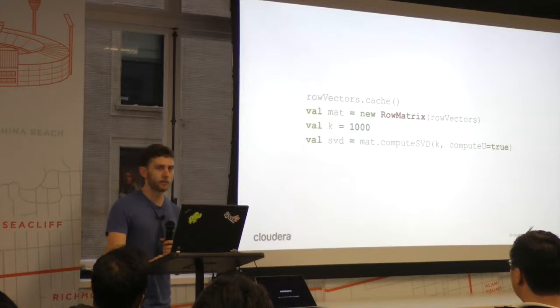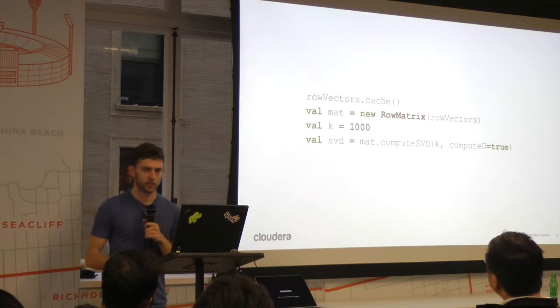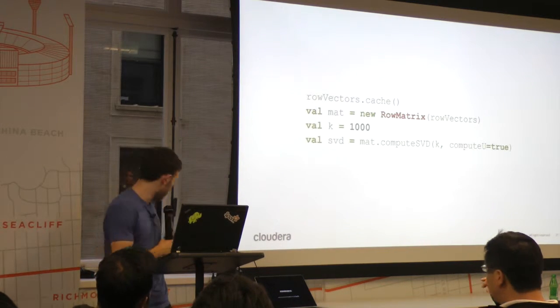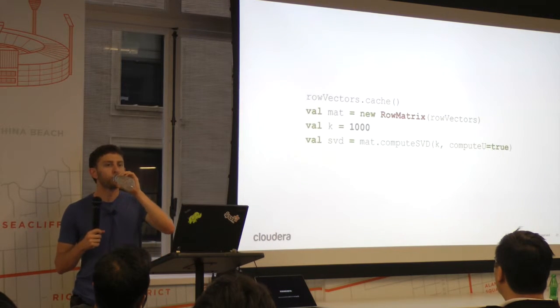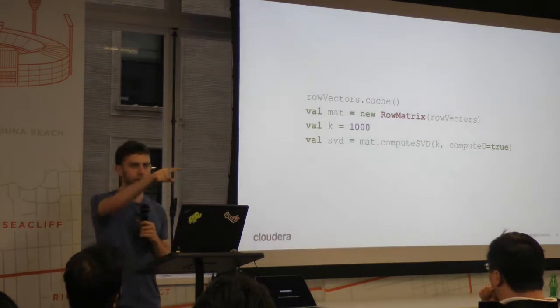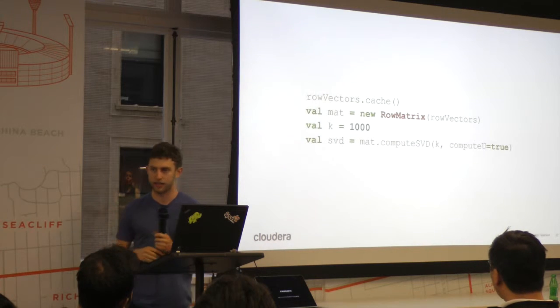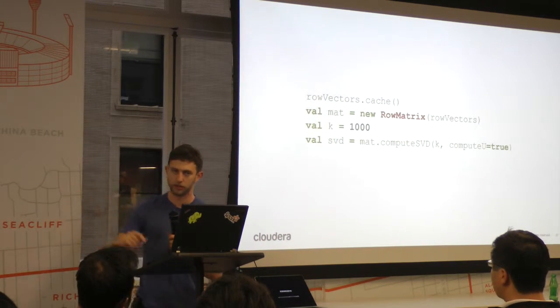Cool. Actually, running this analysis is super nice. You take your RDD of vectors and build a row matrix out of it, which is simply wrapping it in this row matrix object. You decide on your K. And then you tell the matrix to compute its own SVD, and that gives you back this SVD object, which basically contains the three matrices we've talked about.